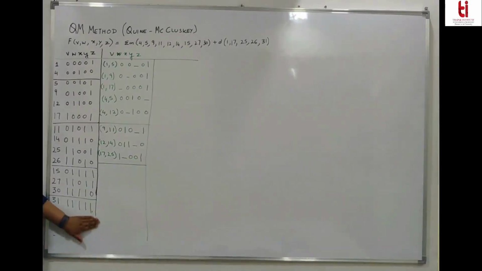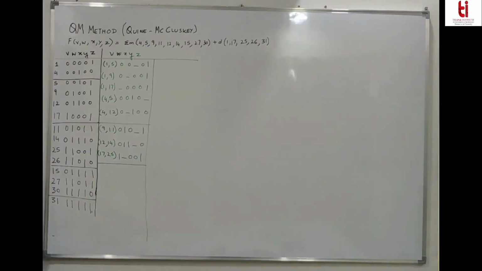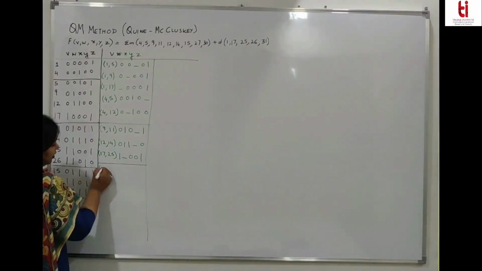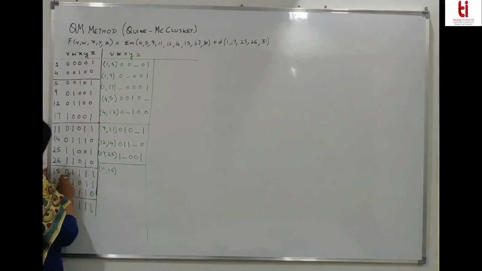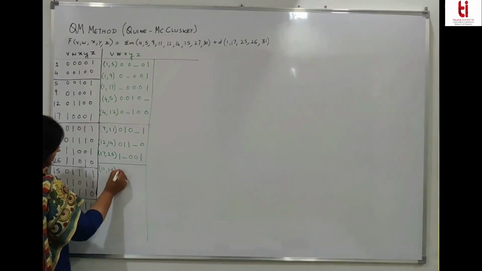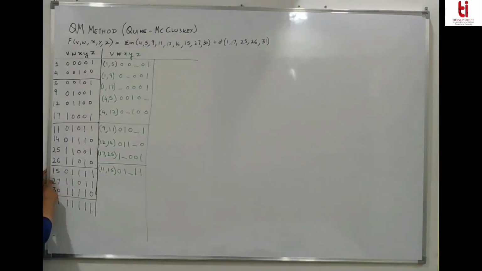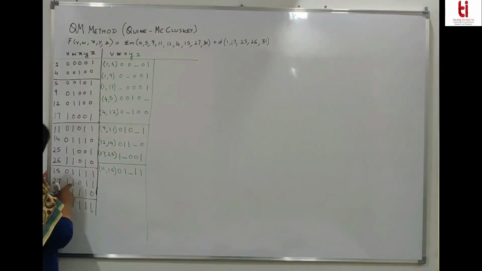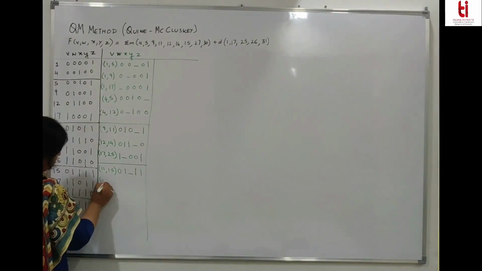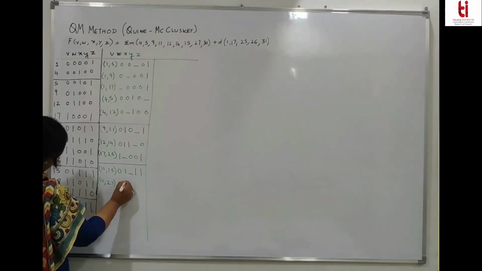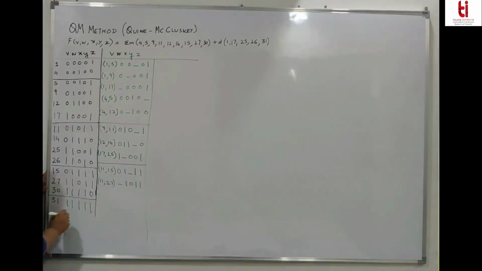Then what can be done with this and this? Can you have 11 and 15? 15, yes, we'll have 0, 1, dash, 1, 1. 11 and 27. First bit is changing. 11 and 30, almost many bits are changing.